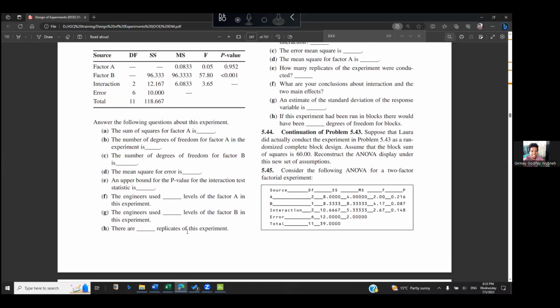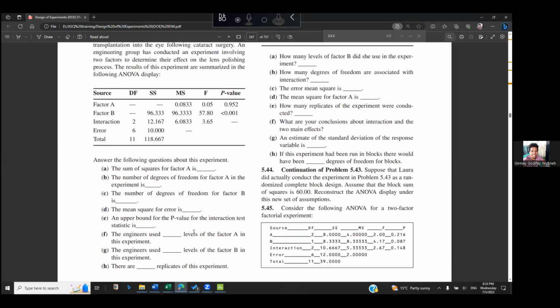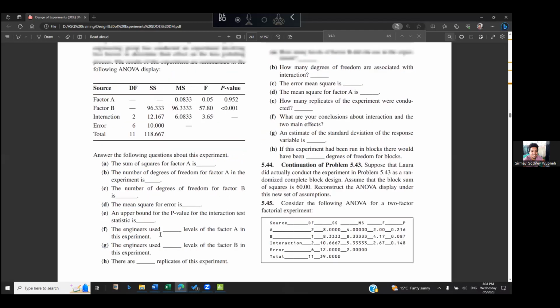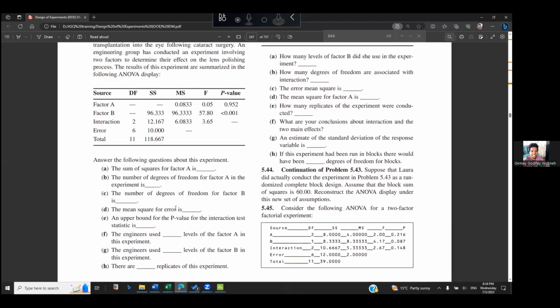Finally, there are some number of replicates of this experiment. The total number of replicates will be n over the levels of factor A times the levels of factor B, where n is the total number of samples.